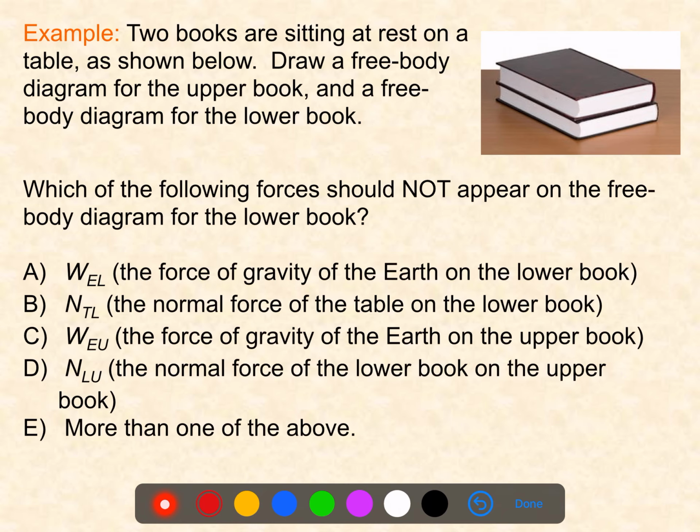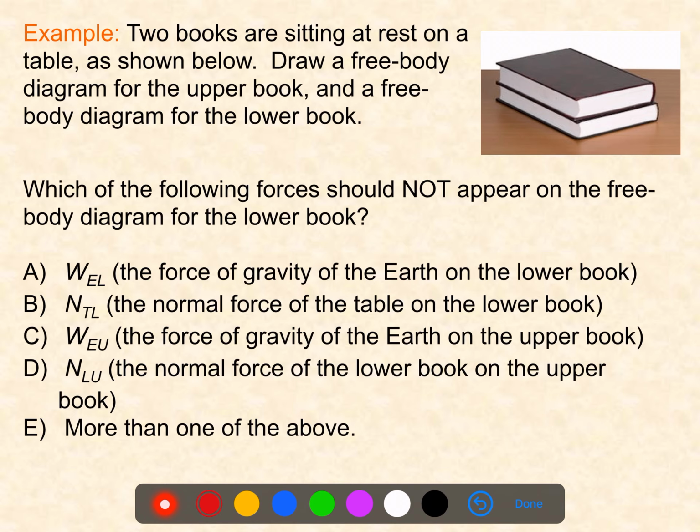What of the following forces should not appear on a free body diagram for the lower book? Well, we said using this subscript system that anything that doesn't end in L for lower book should not be included in my free body diagram because I only want to include forces that are acting on the object, not forces that are either acting on some other object or being exerted by the object in question.